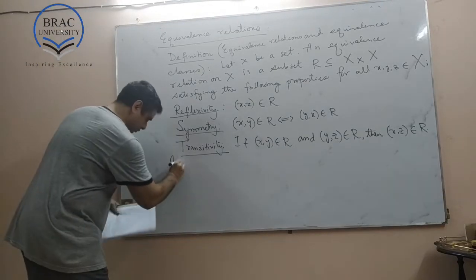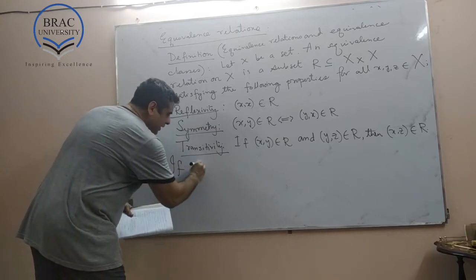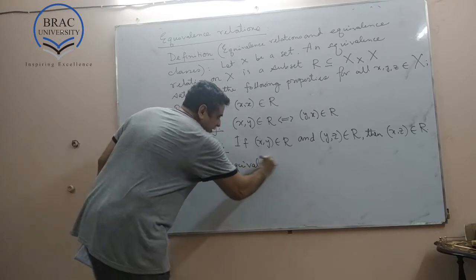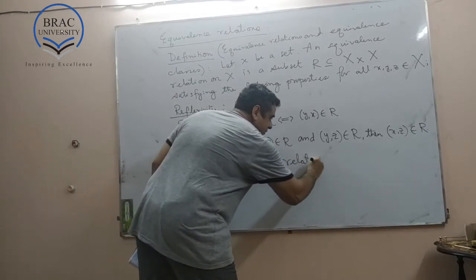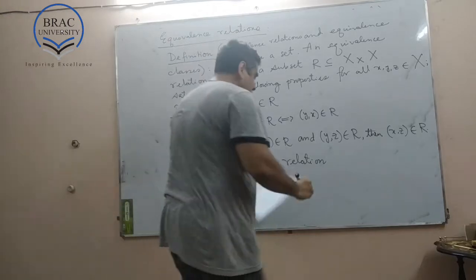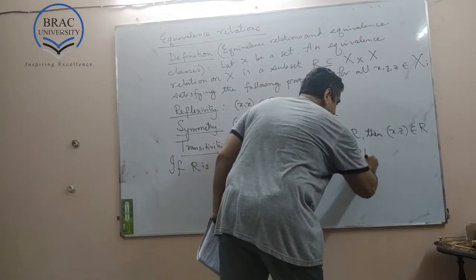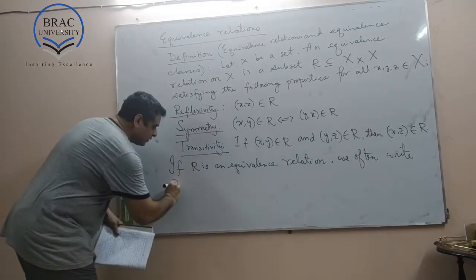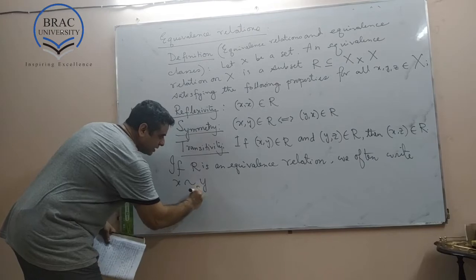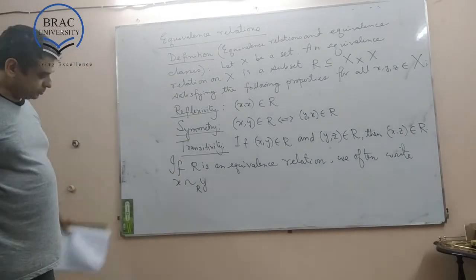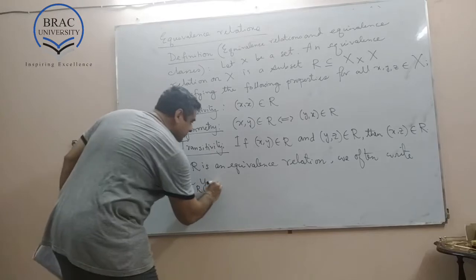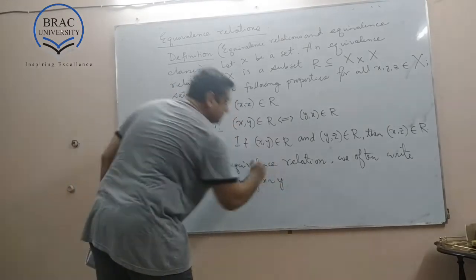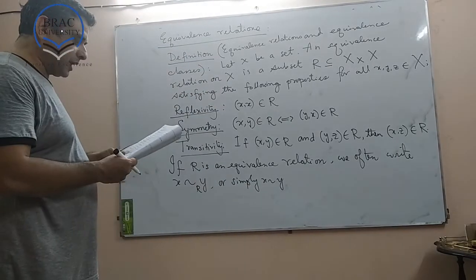If R is an equivalence relation, we often write the fact as x is related to y this way, or simply x is equivalent to y, dropping that R sign when that is obvious.